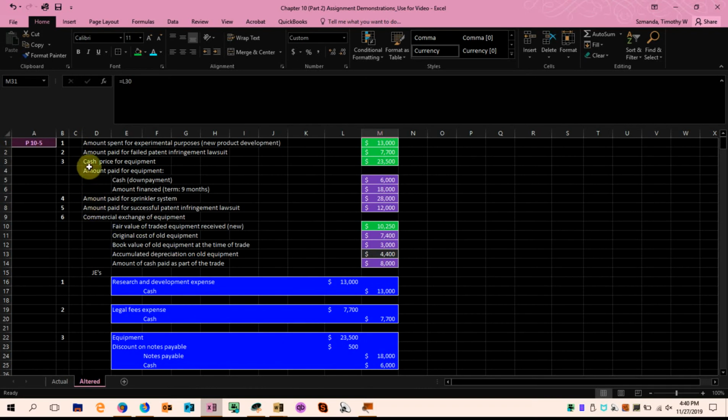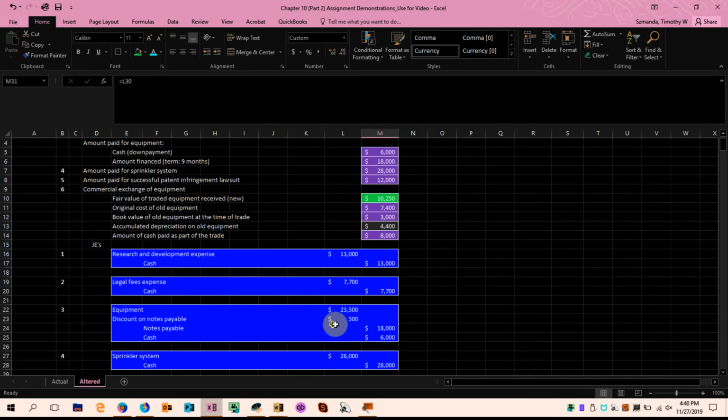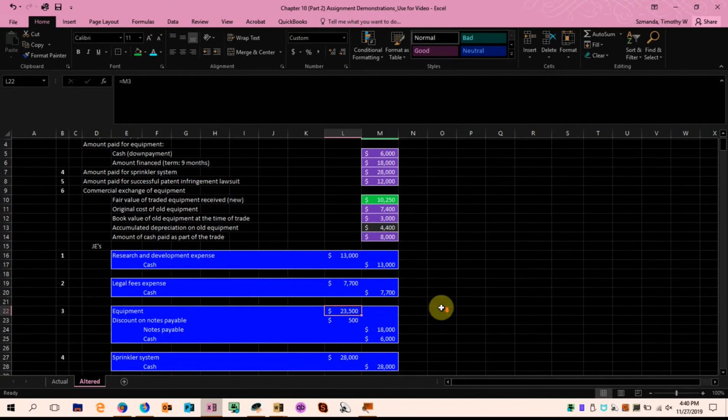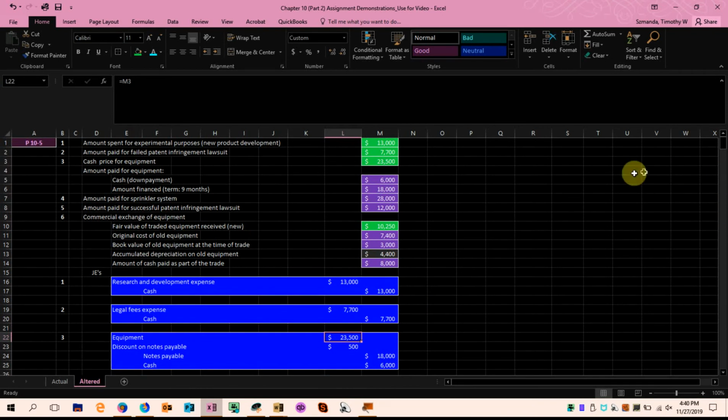Transaction number 3, we had the cash price paid for the equipment. Well, we're going to bring in the equipment at the value of $23,500. If I just scroll up here, the value of the equipment in number 3 is $23,500 because that is what would have been the cash price paid.